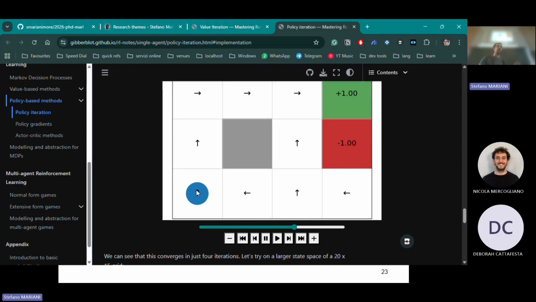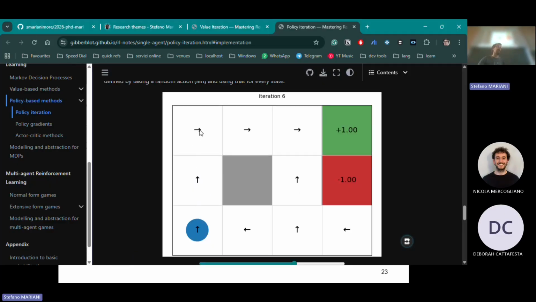If you go up, you go up. It is not so trivial. For instance, if you are here in the top row, if you go up, you don't go up, there is a wall. So the state transition function actually tells you here, if you go up, you end up in the same state. Now, we don't know the transition function, so the agent doesn't know what happens when it goes up. He needs to learn that.